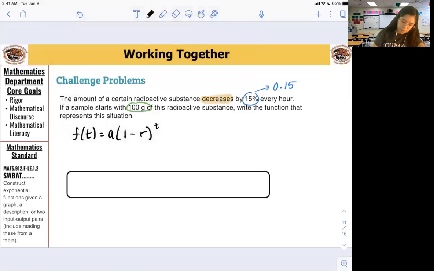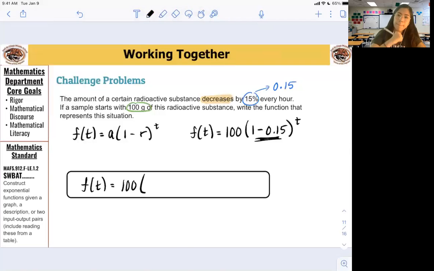So I get f of t equals 100 times 1 minus 0.15 to the power of t. And when I subtract, what do I get? Good, 0.85 to the power of t.